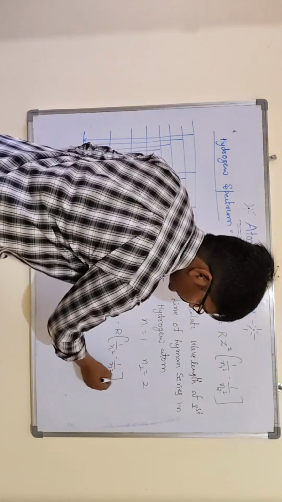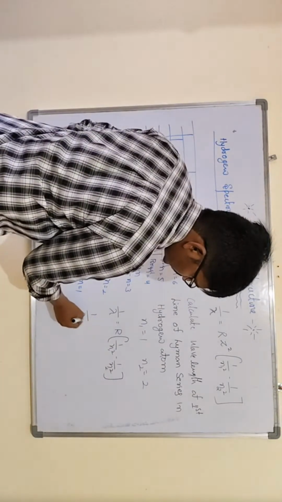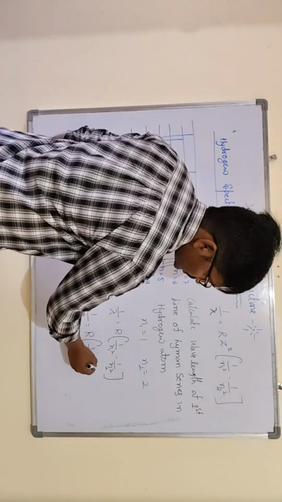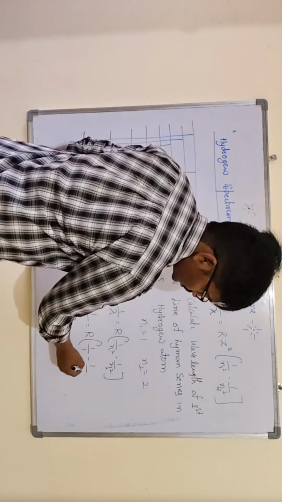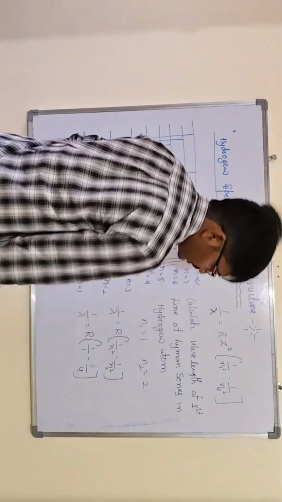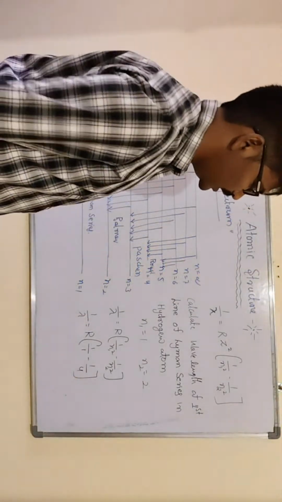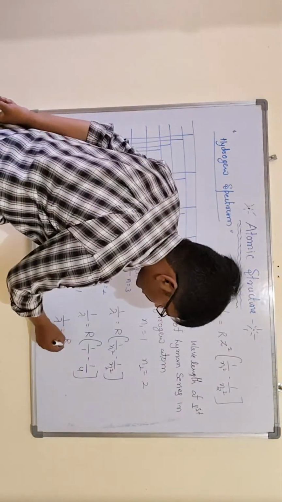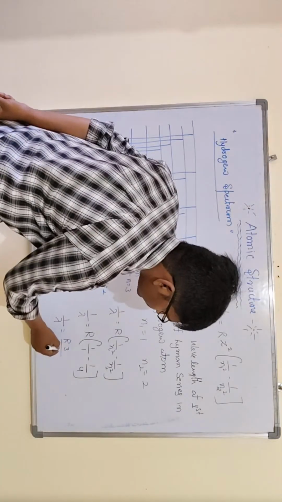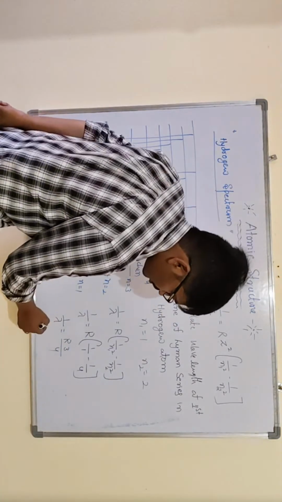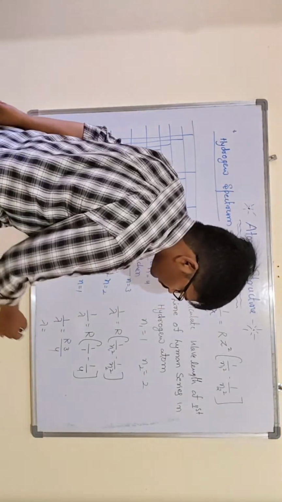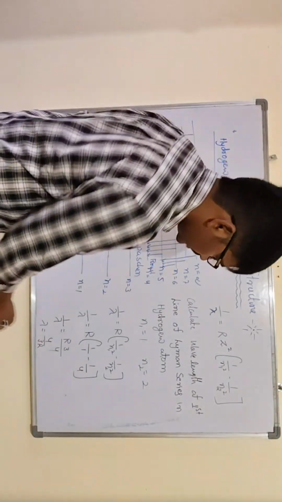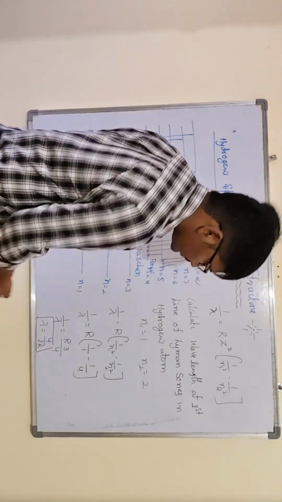So 1 by lambda equals R into 1 divided by 1 minus 1 divided by 2 square, nothing but 4. So 4 minus 1, 3 divided by 4. So 1 by lambda equals R into 3 by 4, then lambda equals 4 divided by 3R. You have to calculate like this.